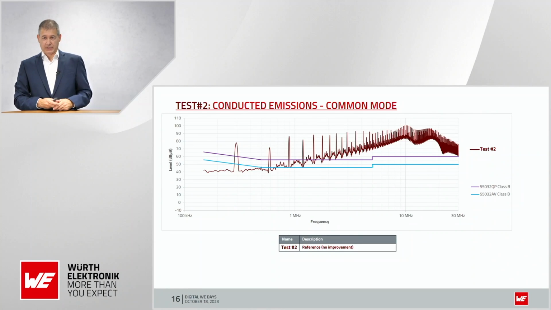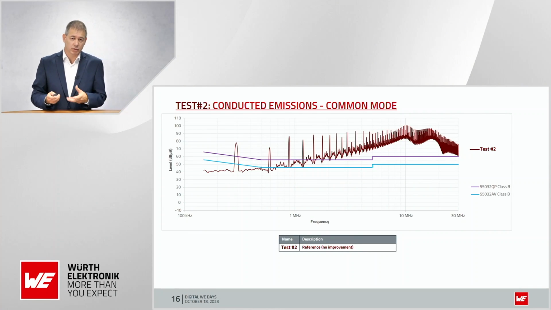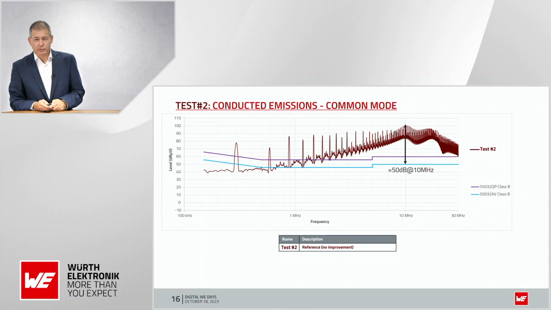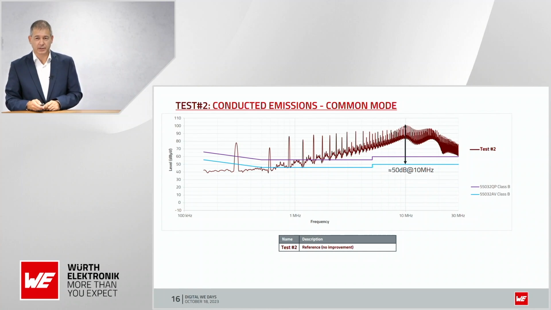The split noise we see here. In the first plot we see the common mode, and it's similar to the complete noise we saw before. Also here around 50 dB at 10 megahertz, not microhertz, megahertz.